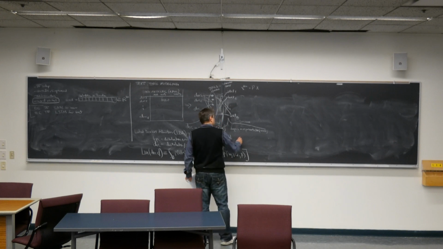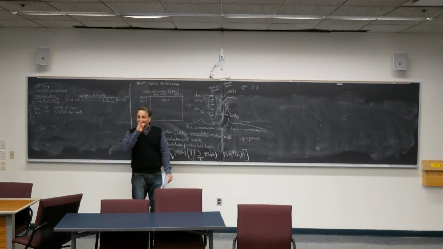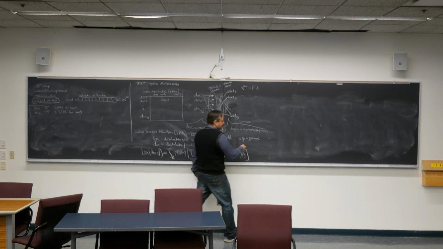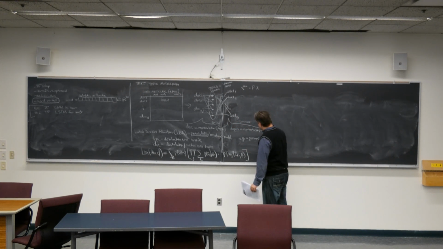Alpha and beta are parameters. Not just parameters, parameters of assumed distribution probabilities, shapes.